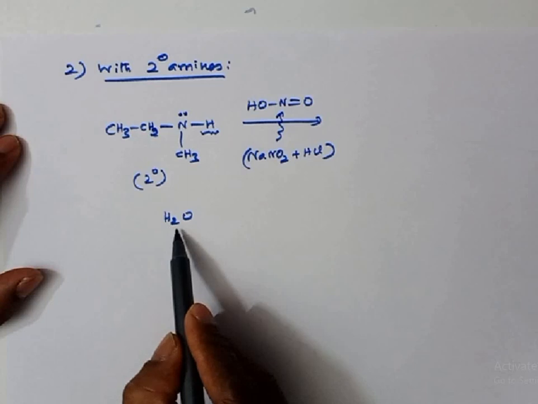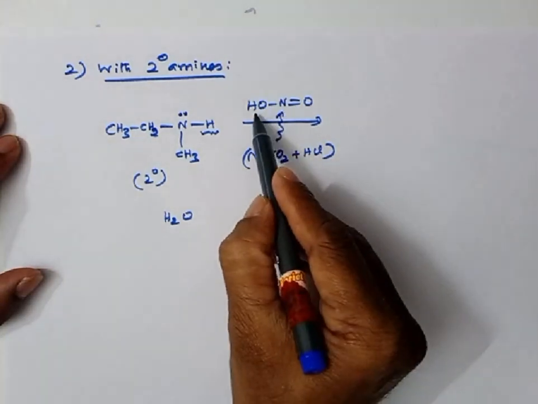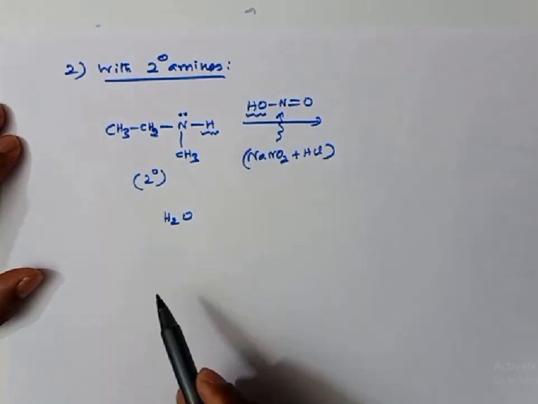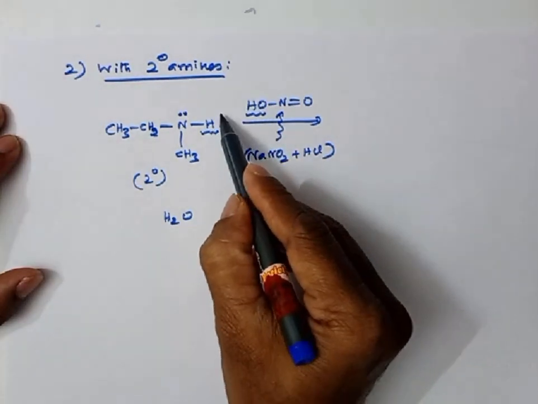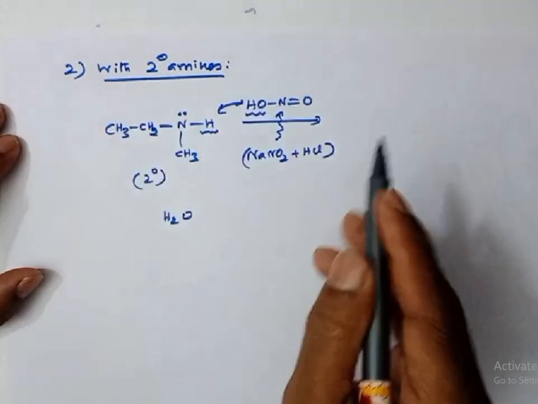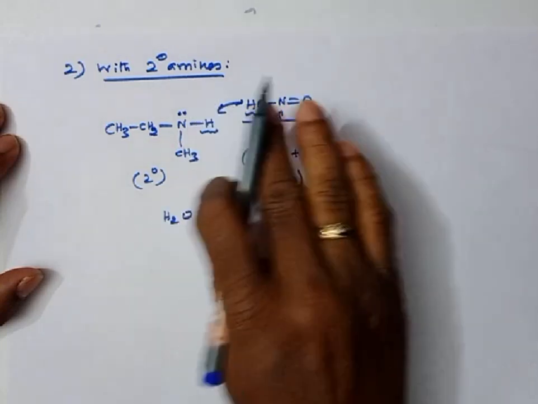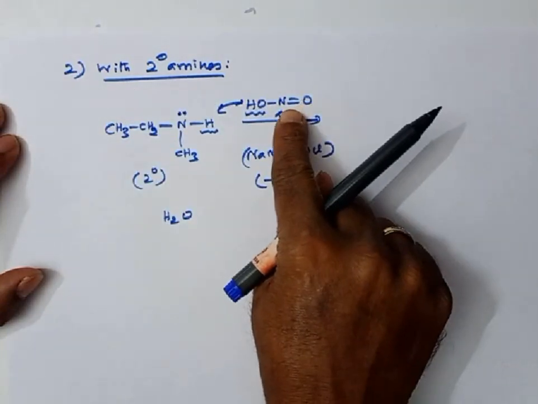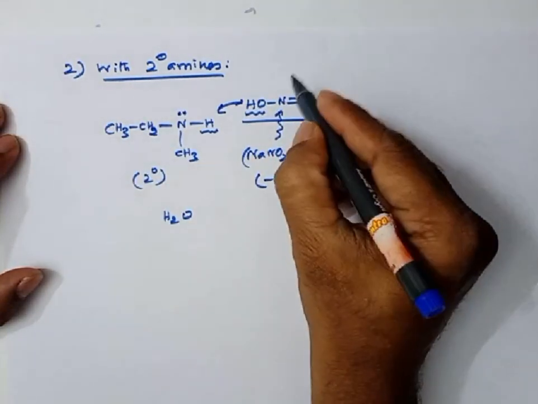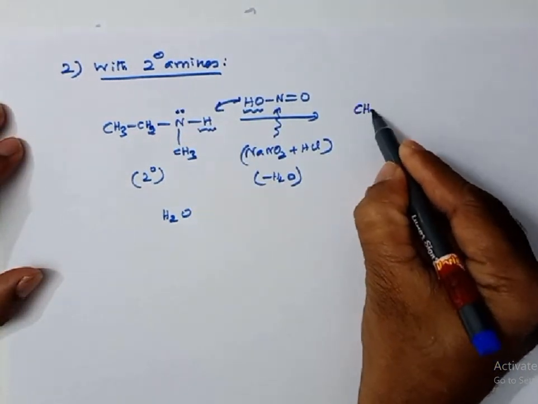So what are the remaining things required? One more hydrogen, one oxygen. So you require an HO group. Therefore the reaction happens between these two. These two combine and form a water molecule. Just for understanding purposes I am saying it like this. The water molecule is eliminated, and this group, called the nitroso group, gets attached to the nitrogen. Students, observe carefully.